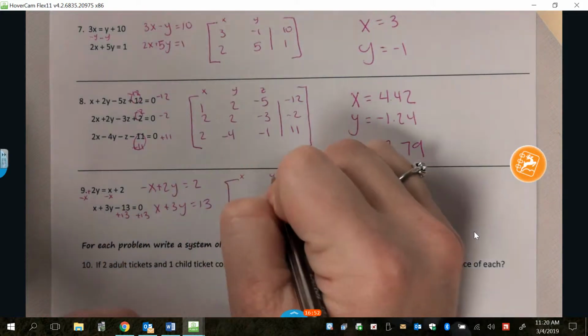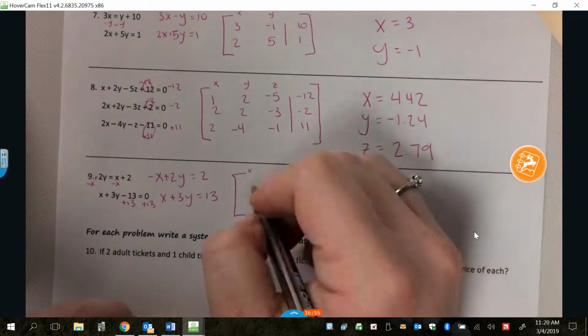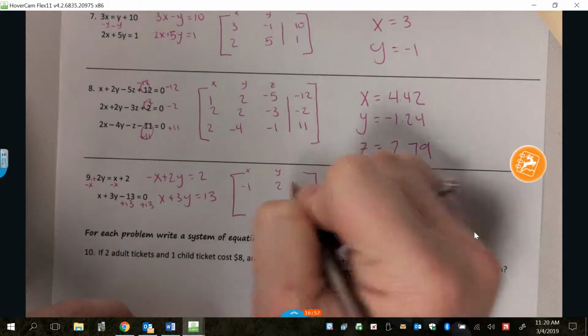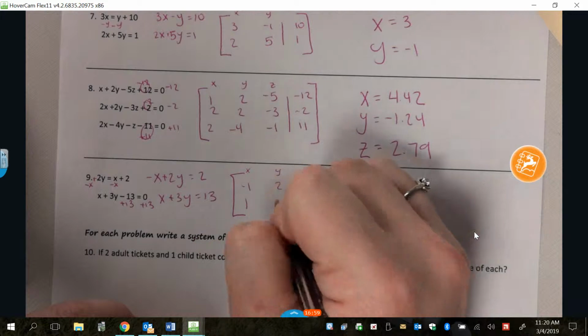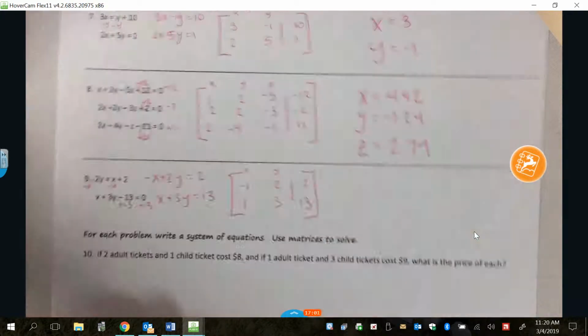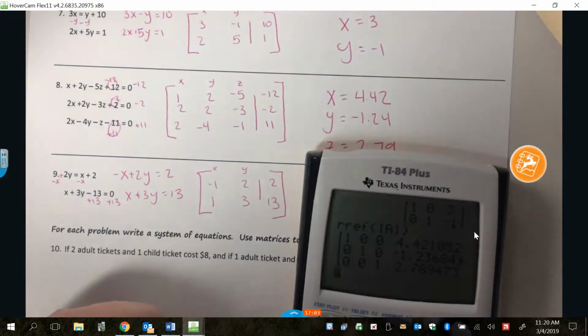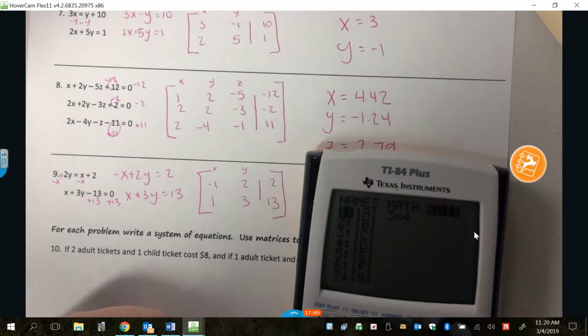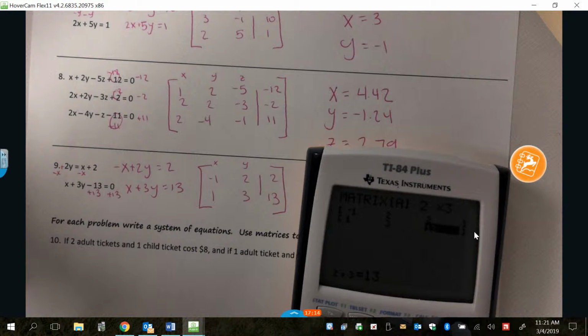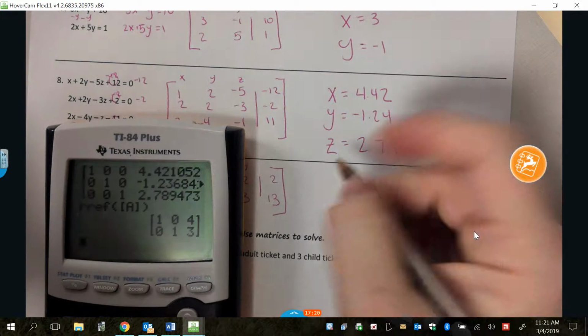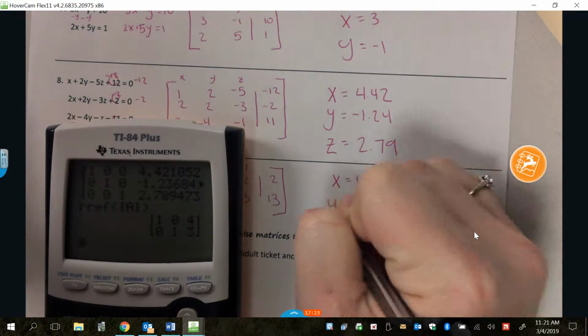So negative 1x, 2y equals 2. 1x, 3y equals 13. So 2 by 3. So here x equals 4, y equals 3.